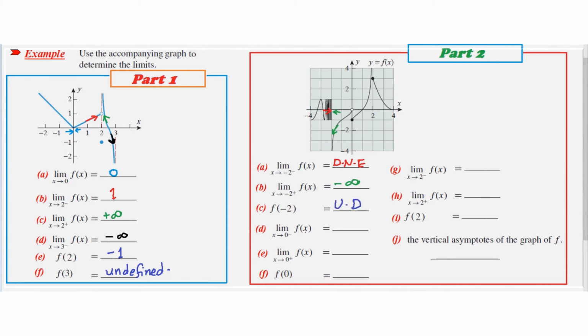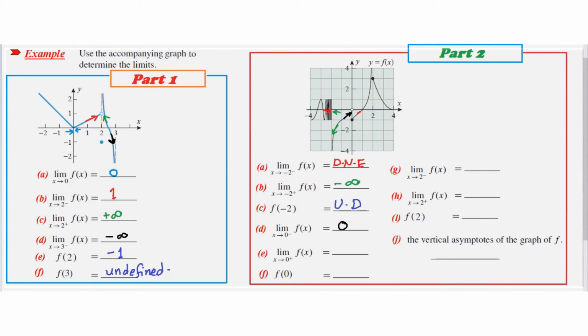Now you have to find the limit of x when x goes to 0 from left. This is 0, and 0 from left equals 0. Then you have to find the limit of x when x goes to 0 from right.